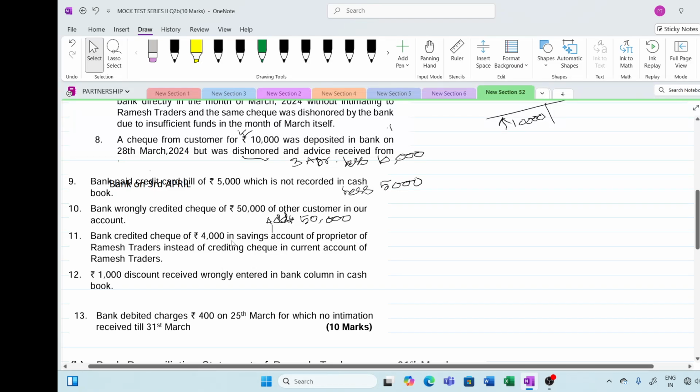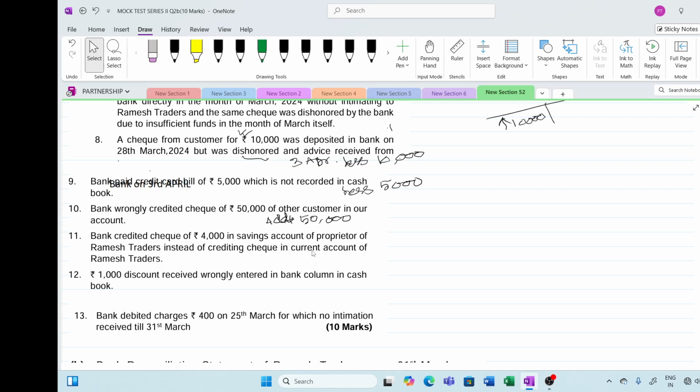Bank credited a check of 4,000 in the savings account of the proprietor instead of crediting it in the current account. Ramesh Traders have deposited a check of 4,000. In the cash book, immediately when I deposited a check in my current account, I would have increased 4,000.